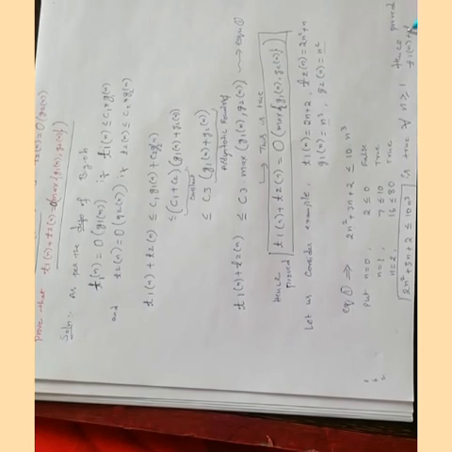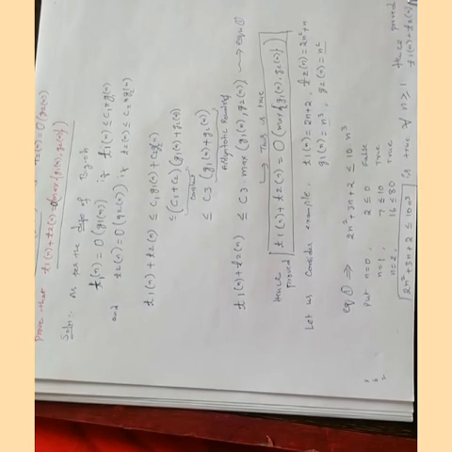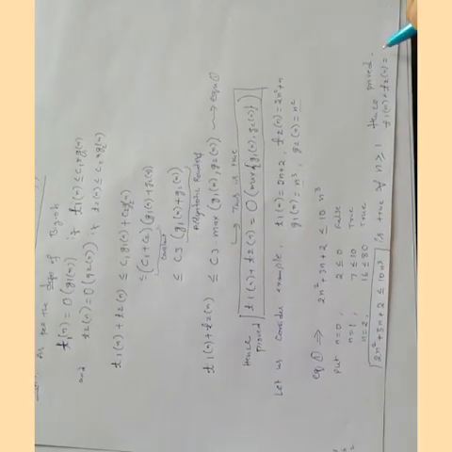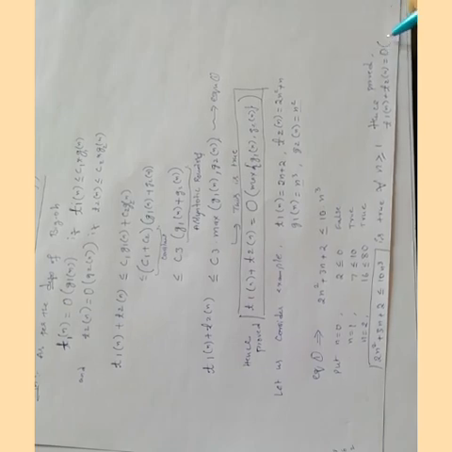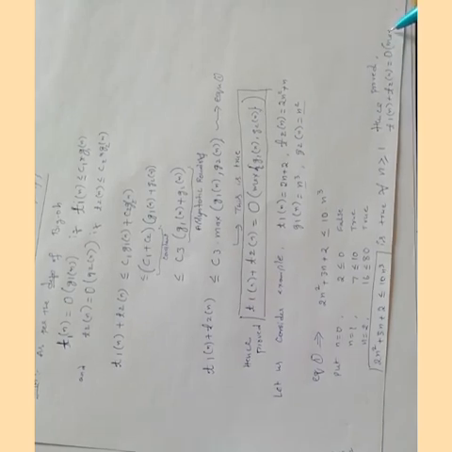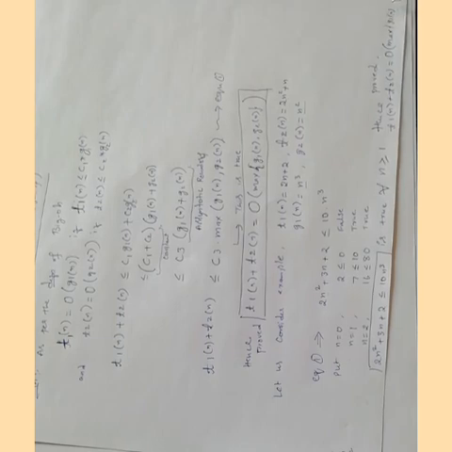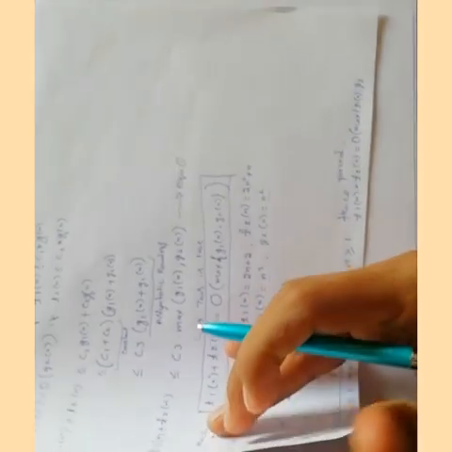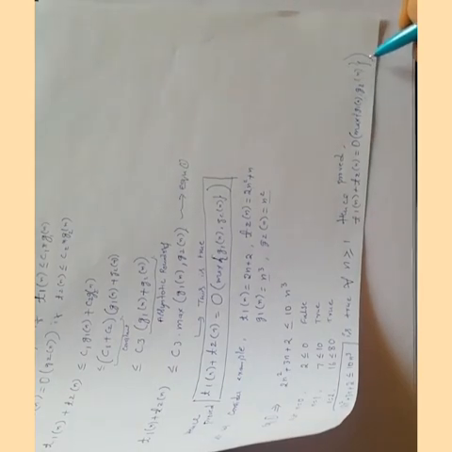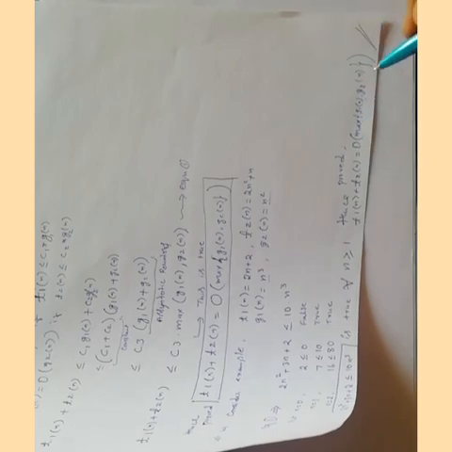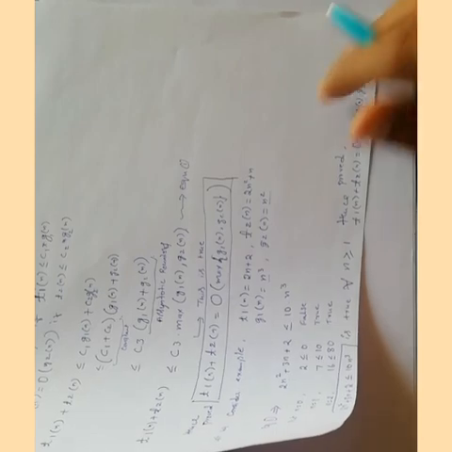T1 of n plus T2 of n is equal to big O of the maximum of either g1 of n or g2 of n. That's it. So that ends this video. Thank you.